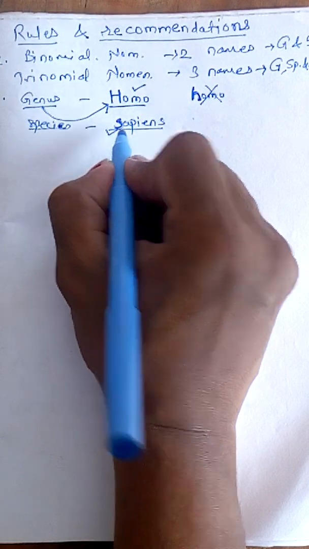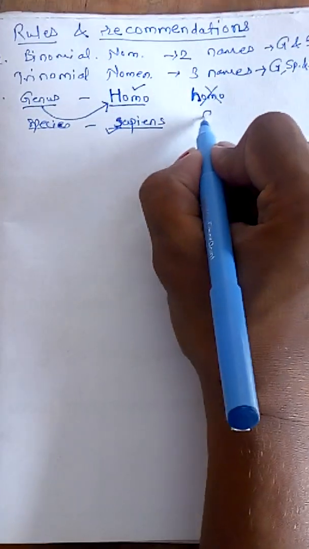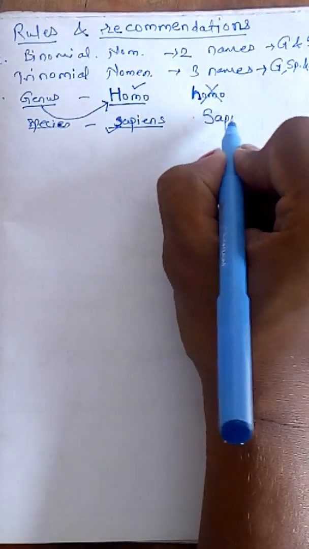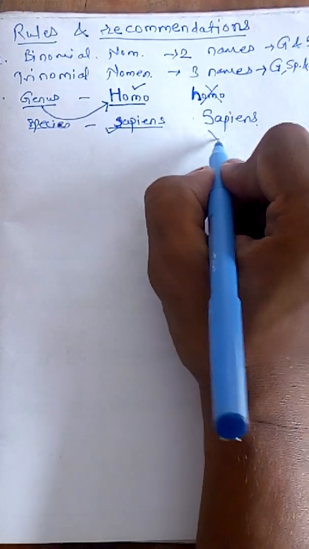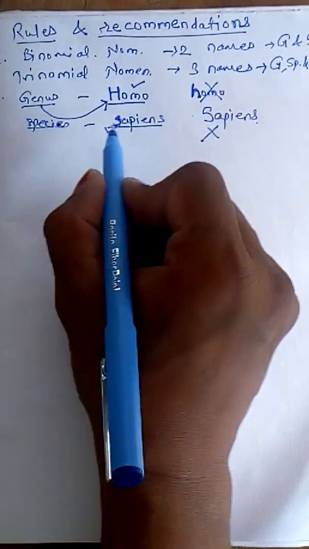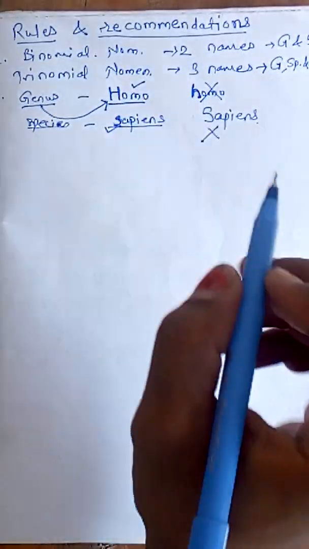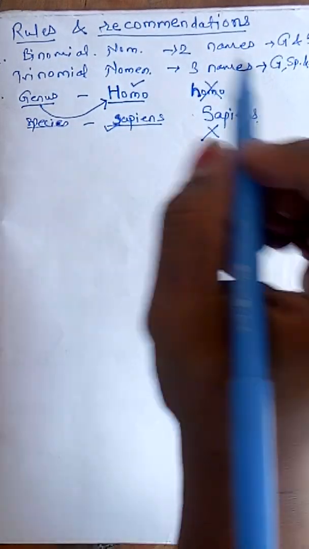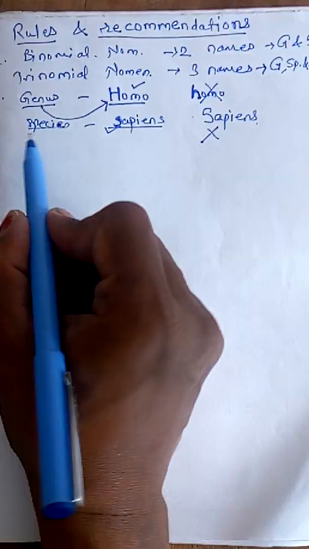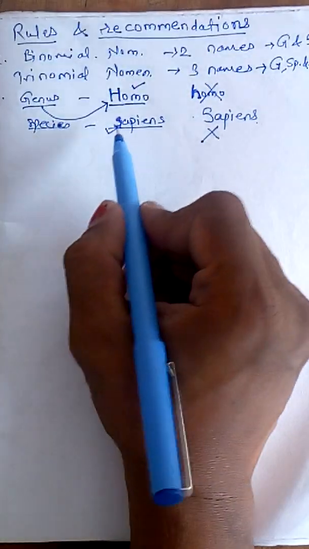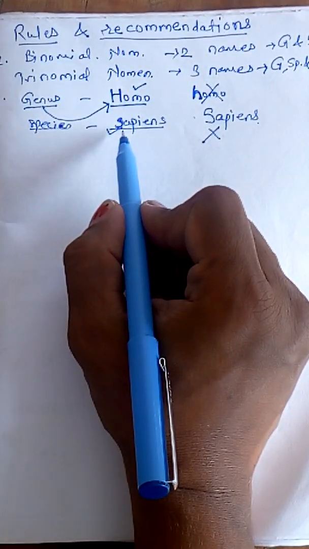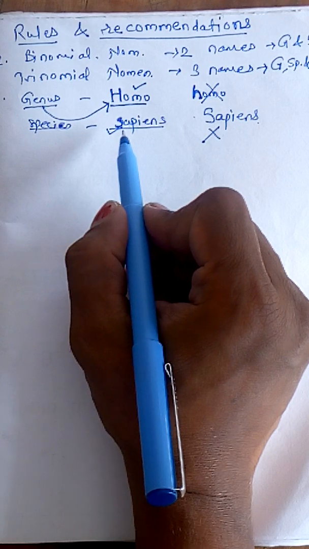This is the correct method. Don't write it with a capital S, because we have to write the specific name in a small letter and not in capital form. If it is the generic name, write it in a capital letter. If it is the specific name, write it in a small letter. So this is the second rule.